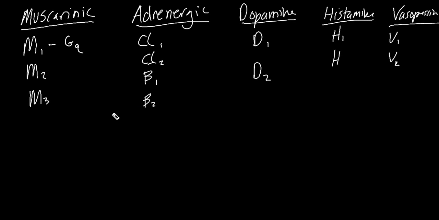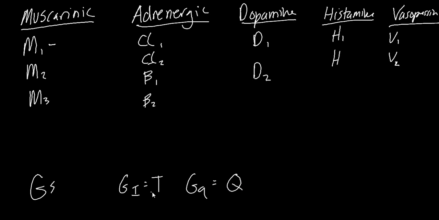Now from here on out, there's going to be three options: Gs, Gi, and Gq. I'm just going to write this as Q, this as I, and this as S, just for reference. So M1, like I said, was Gq, so it's going to be a Q.